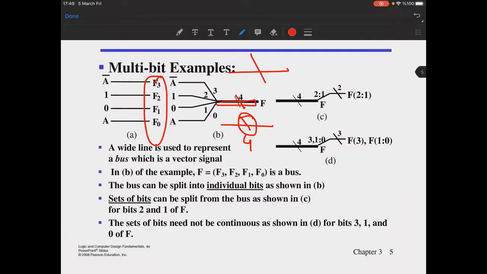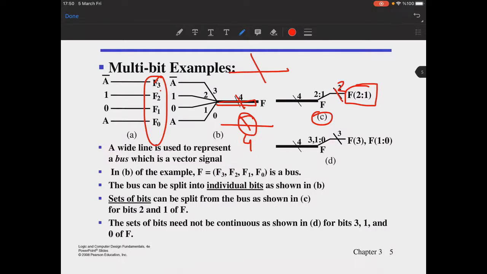And then from that bus you can take out some particular lines. For example, you just take 2 of them out from here, in this example C, from 2 to 1, F 2 to 1, you take from here and you represent it like this. So this would be a smaller bus with size 2.